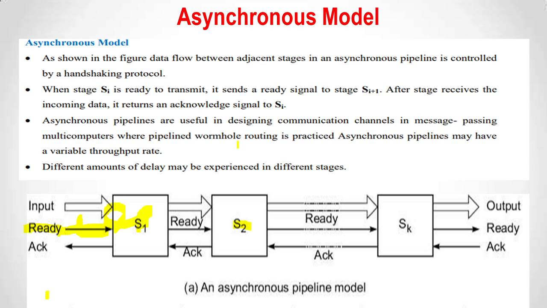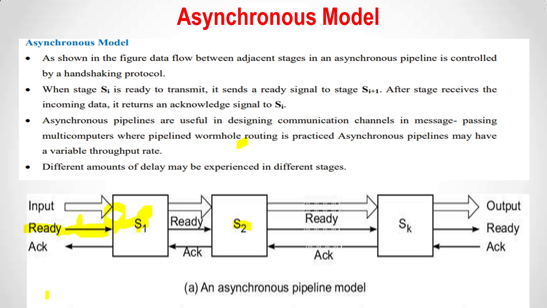Asynchronous pipelines are useful in designing communication channels in message passing multicomputers where pipelined wormhole routing is practiced. Different amounts of delay may be experienced in different stages; if you observe here, the delay may be more in some stages.